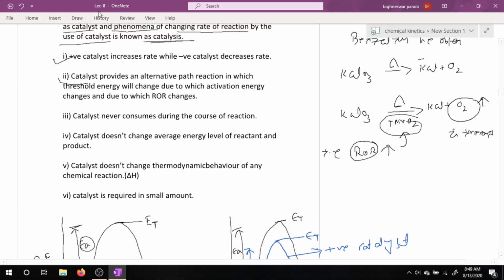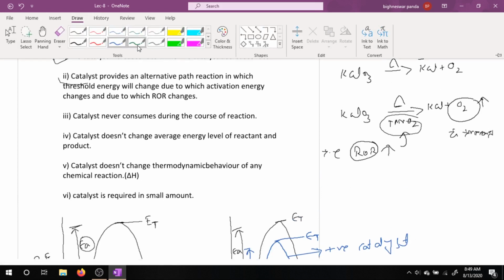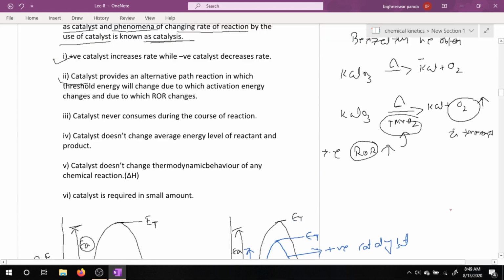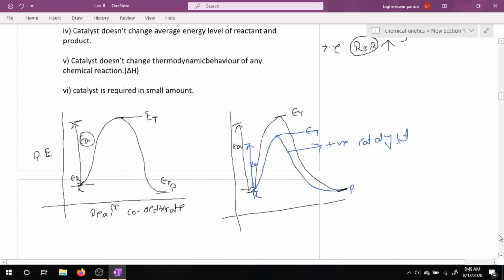If we are using a negative catalyst, then what happens? The threshold energy increases. If the threshold energy increases, that means we have to supply this much amount of activation energy. So this graph shows the use of a negative catalyst.